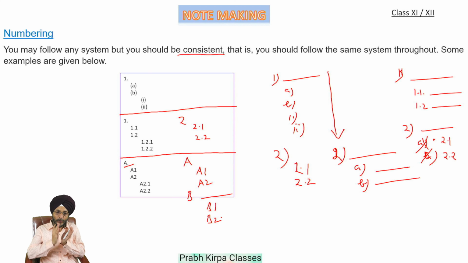It will not look nice, and it may also result in negative marking, or you may not fetch any marks in the examination, and the examiner may think that you do not know the note making format. So always be consistent while using the numbering.